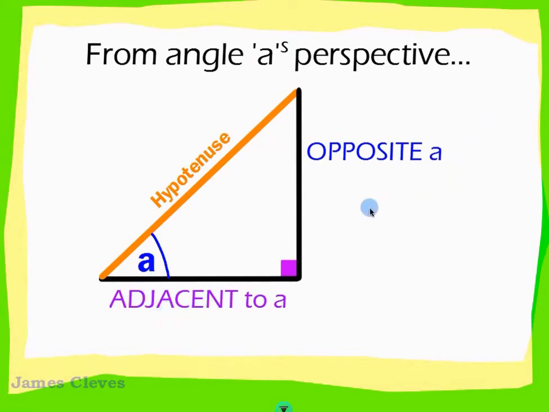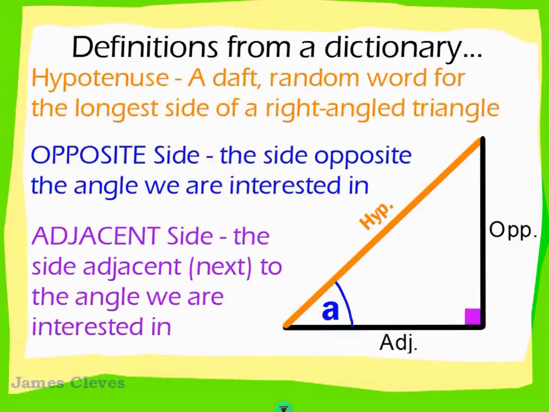So all the sides are labelled with respect to the angle that we chose, apart from, of course, the hypotenuse, which is always the one opposite the right angle, and it's always the longest side. The hypotenuse to me is a bit of a crazy word, which just means the longest side of a right-angled triangle. The opposite, like I just said, is the one that's opposite the angle in question, and the adjacent side is next to or adjacent to the angle that we're interested in.